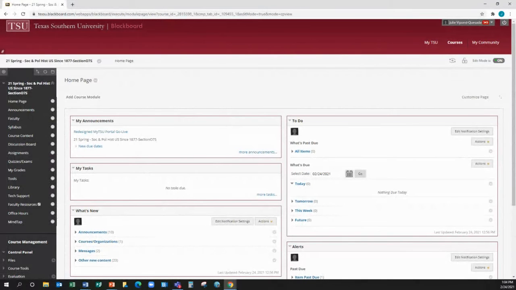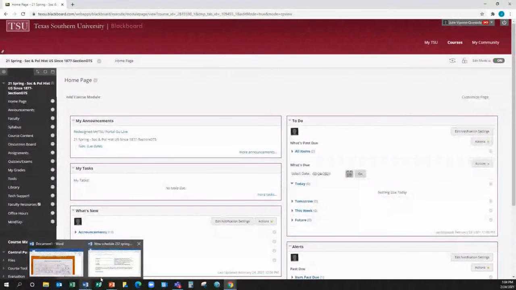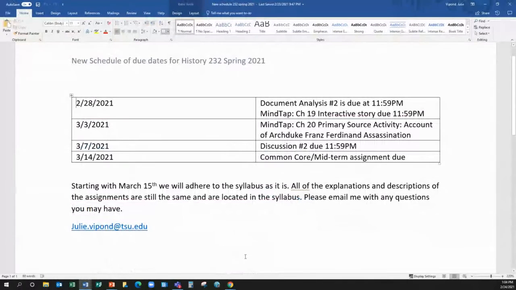Okay. Kiana? I just wanted to say, I think the Top Hat things are still not automatically going into the system because Unit 3 has not popped up in the gradebook yet. You mean for MindTap? Yeah.